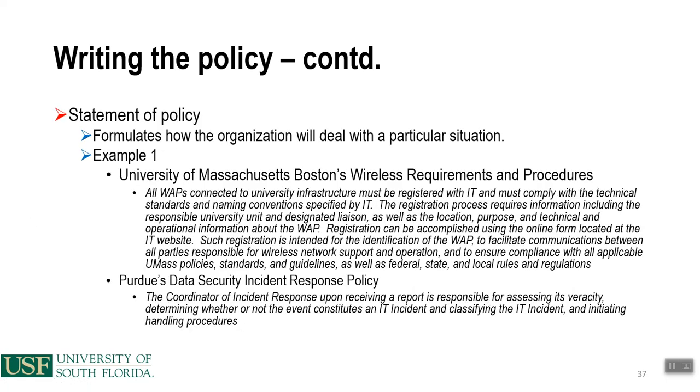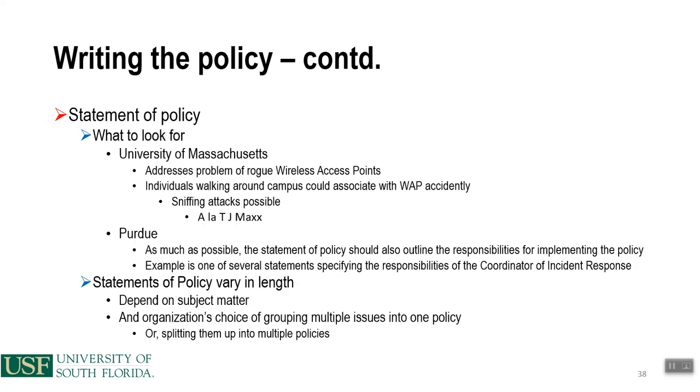The statement of a policy formulates how the organization will deal with a particular situation. So for the first example, the University of Massachusetts Boston wireless requirements and procedures talks about the wireless access points, the WAPs, and the Purdue's data security and incident response policy. So the statement of a policy is what to look for.